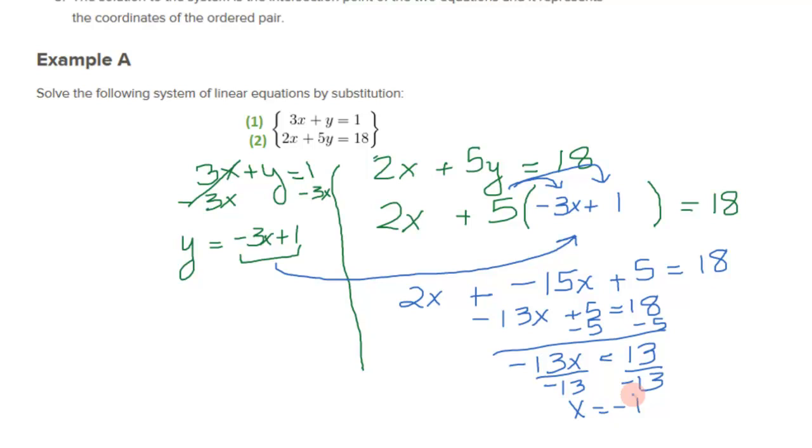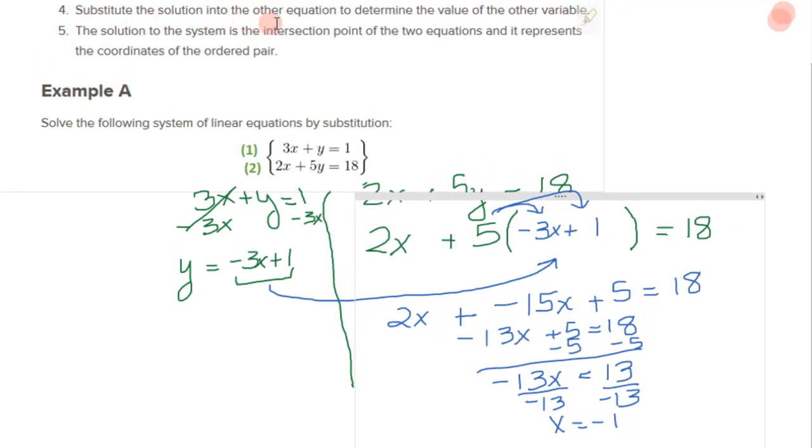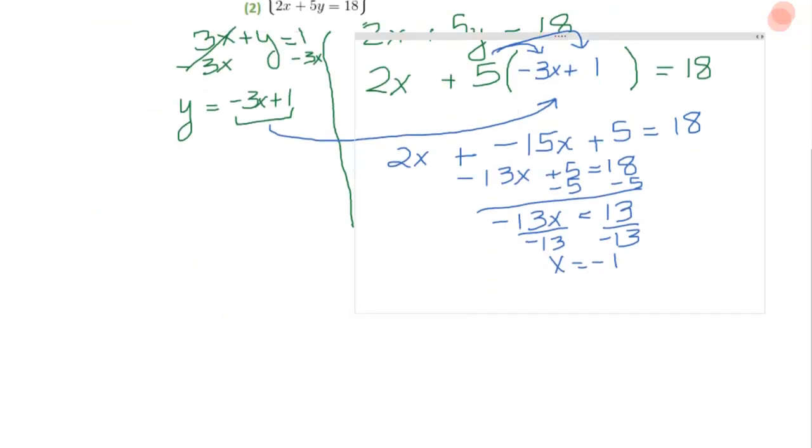So now we need to find the y value. So that's step number 4. Substitute the solution into the other equation to determine the value of the other variable. Okay, that's what we're going to do. So now you're going to bring this x equals negative 1 back to the left-hand side of your paper where you have that other line waiting, right?